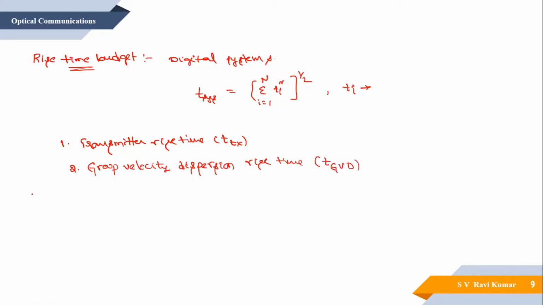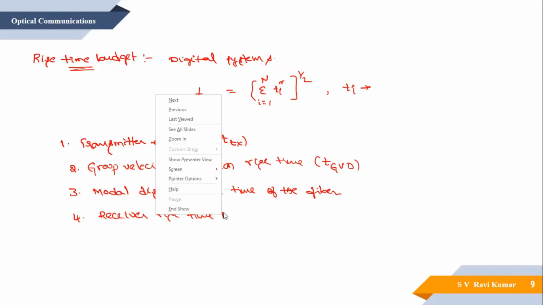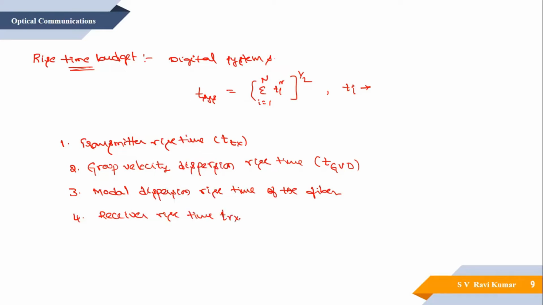The third is the modal dispersion rise time of the fiber, and the fourth one is the receiver rise time, which is represented by TRX. So these are the 4 factors which can limit the system speed.